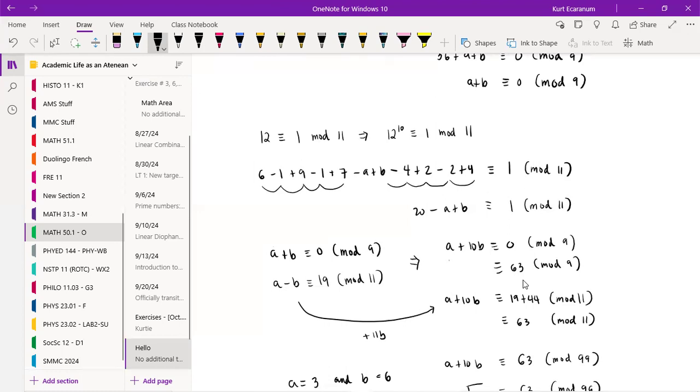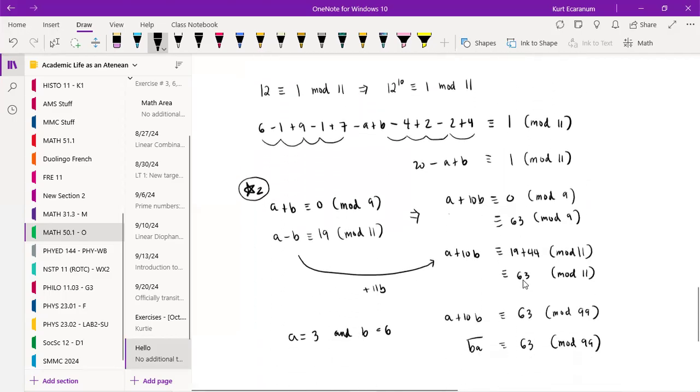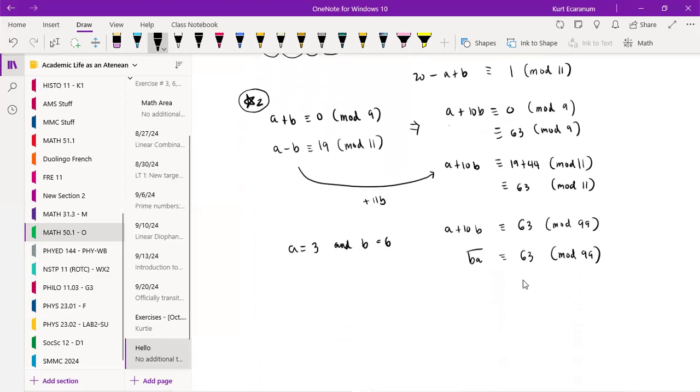So para bang, ito, gawin nating star. Yan. So parang yan yung mga main goals natin. Star lang pala, sorry. Ayan.